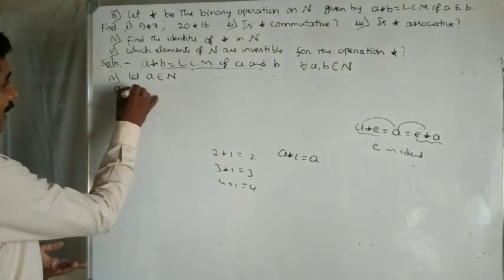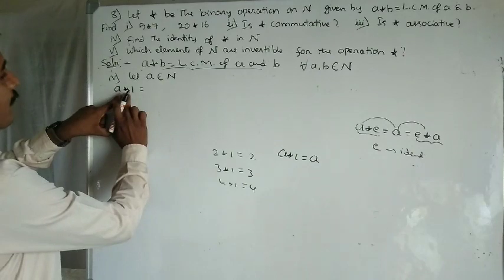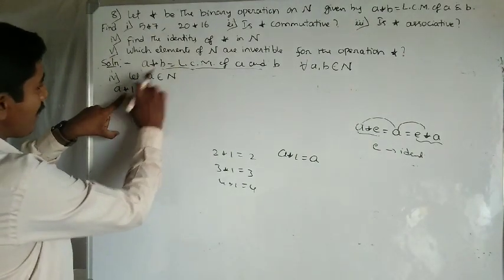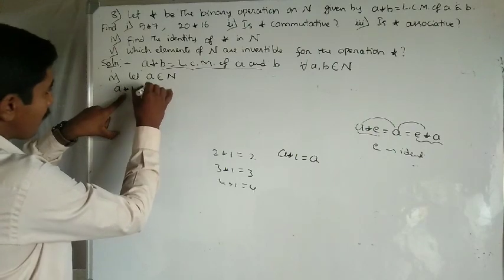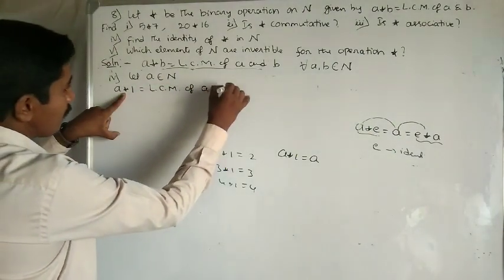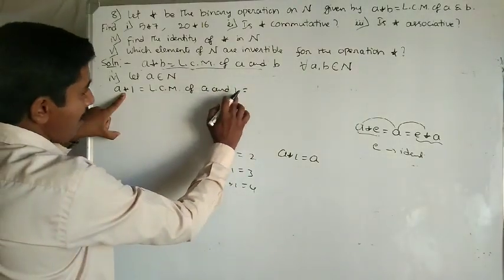A star 1, here I am taking. A binary operation defined here: LCM of A and B. LCM of A and 1. LCM of A and 1 is what?